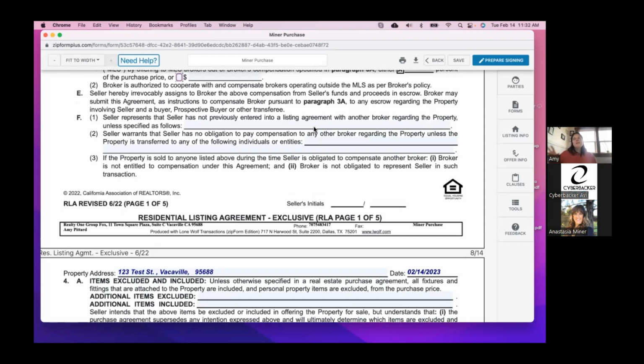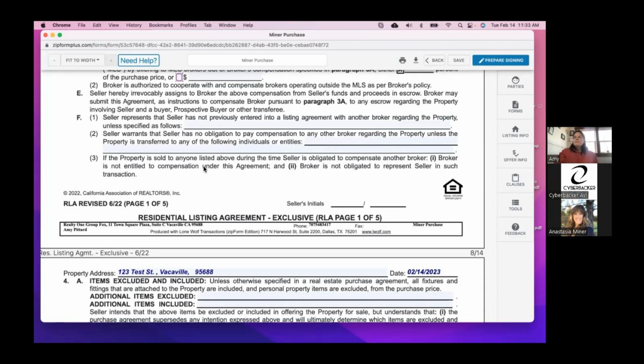So they might say, my sister's trying to get pre-approved to see if she can purchase it. If she buys it, I don't want to pay you a commission because it's my sister and we'll handle it without forms or anything. Then you could put in their name there.